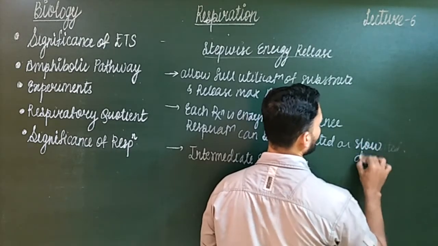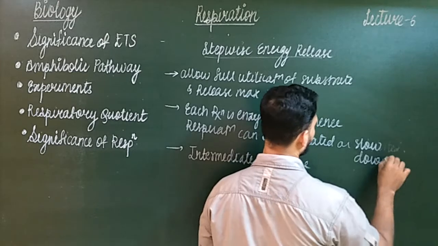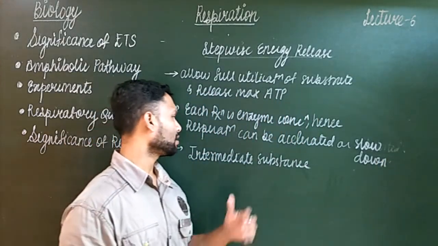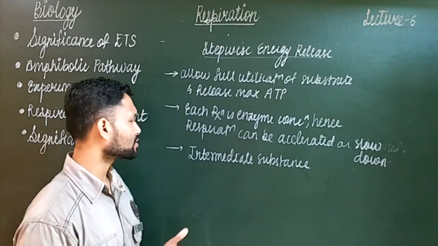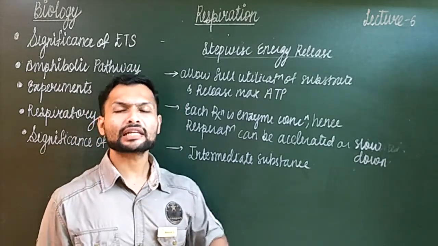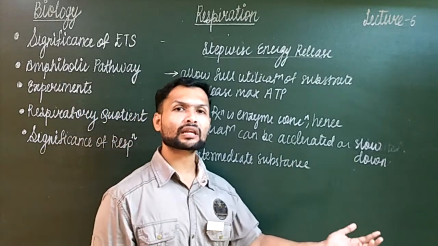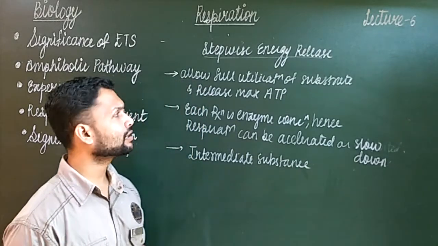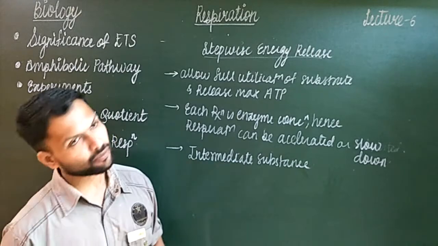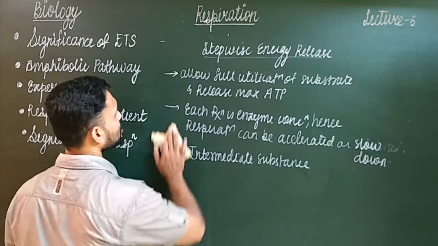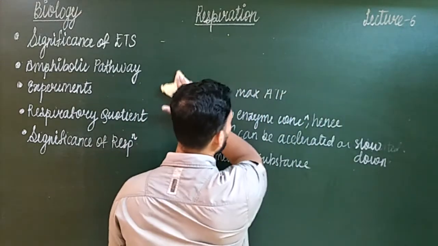Inhibit means to stop directly, which is not going to happen, except after death. And last, intermediate substrates can be reused somewhere and formed again for the Krebs cycle. So that's the advantage of stepwise energy release during the entire respiration.